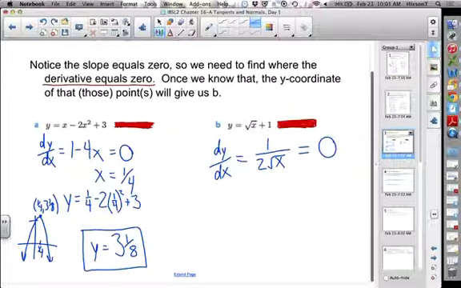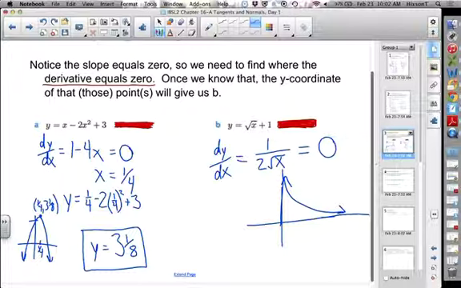Do you know what this looks like? It'll be undefined if I plug in 0. This is going to look like this. Okay? There's an asymptote at y equals 0.